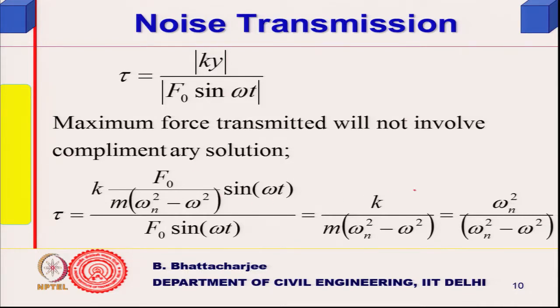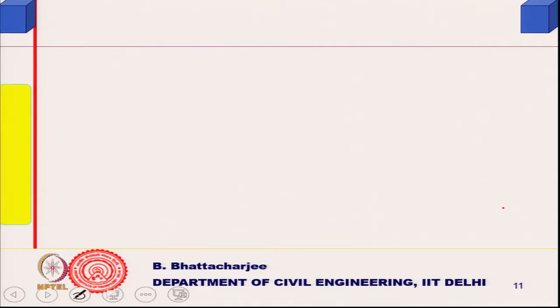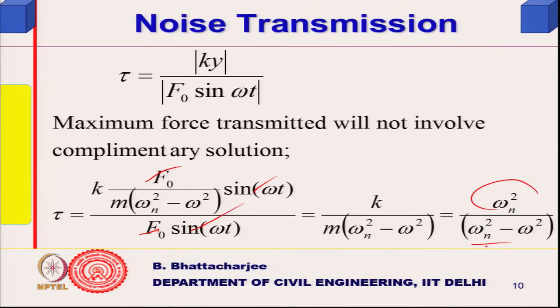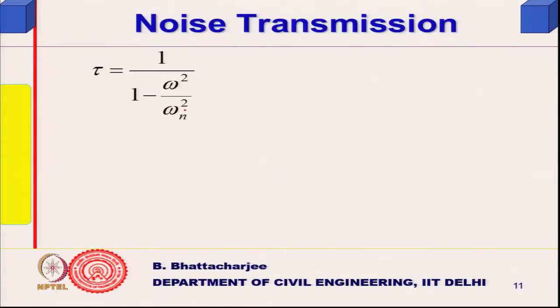So, this will cancel out with this. So, I am left with k by m, omega n minus omega. What is k by m? Omega n square. Neglecting damping and all that, I can write this as 1 divided by, divide everything by omega n square, so it will be 1 minus omega by omega n square, right.